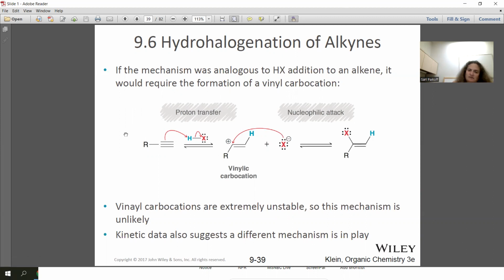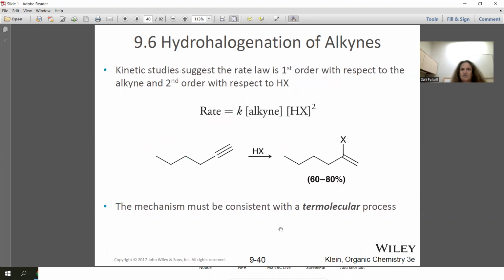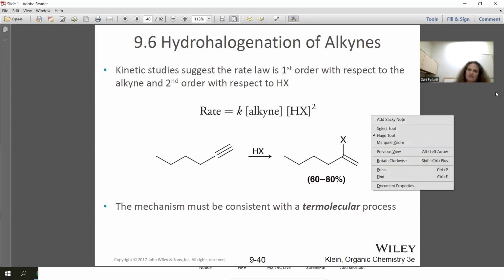I have it here. It may be that two different halogens add at the same time, like the hydrogen adds at one spot and the halogen adds at a different spot. So the mechanism is not the exact same mechanism. We're not really going to do the mechanism of this.